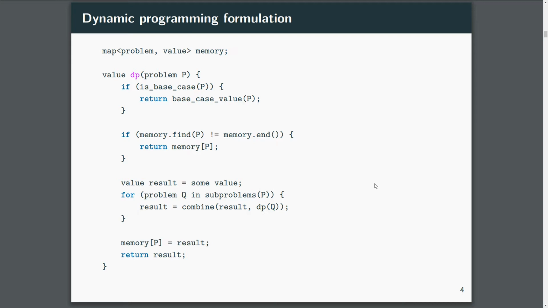And then our function accepts as input a problem. And the first thing we want to do is check, is this a base case in the recursive function? And if it is, we just return the value for the base case. Next, we check if we have computed this problem before. So we try to find it in our memory, and if it's there, we return it. Otherwise, we haven't computed it yet, so we have to compute it.